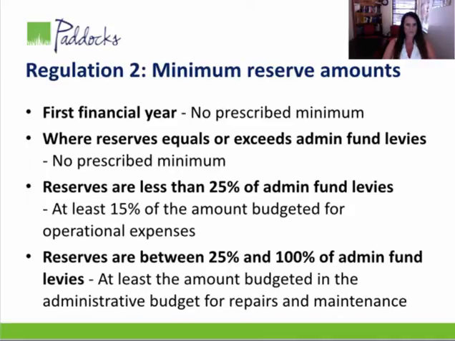Where the reserve fund balance at financial year end is less than 25% of the previous year's administrative fund levies, then members must budget for reserves of at least 15% of the amount budgeted for operational expenses. Where the reserve fund balance at financial year end is between 25% and 100% of last year's administrative fund levies, then members must budget for reserves at least the same amount budgeted in the administrative budget for repairs and maintenance.